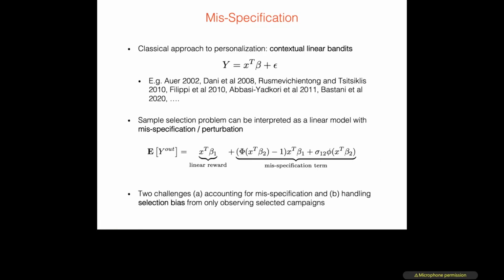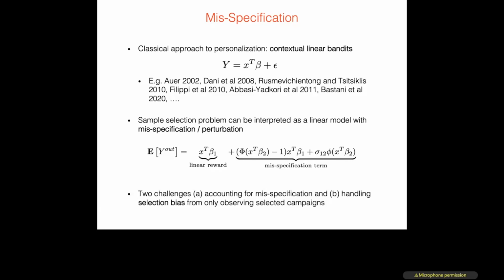What's interesting is that in your sample selection problem, as you call it, you can think about this as a misspecified linear bandit. This is an equation I dug up from the back of your paper. It shows that you can think about this as a linear reward plus some kind of funkier misspecification term. If you put it that way, there are two challenges that you nicely figured out.